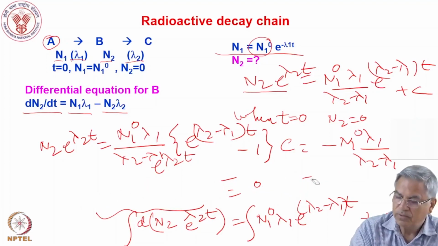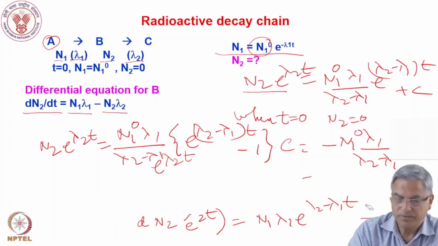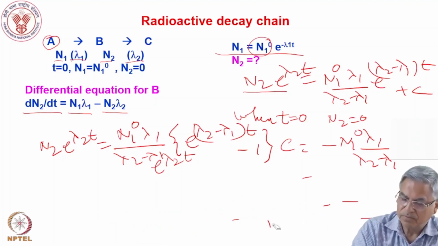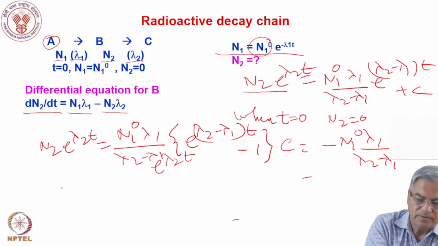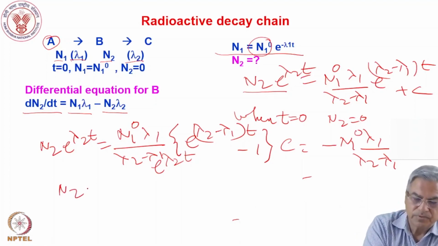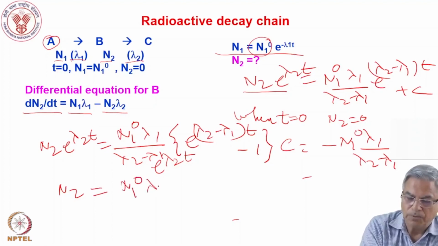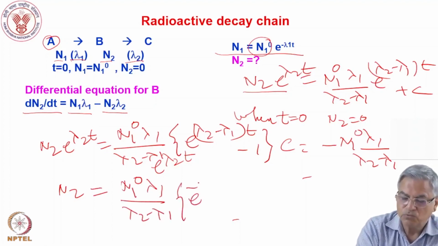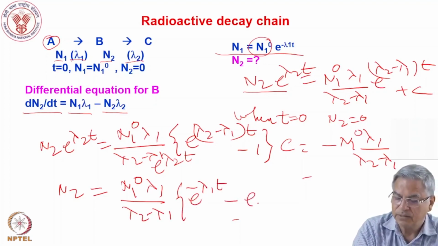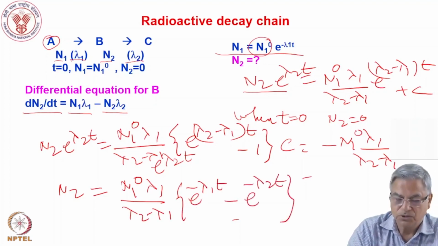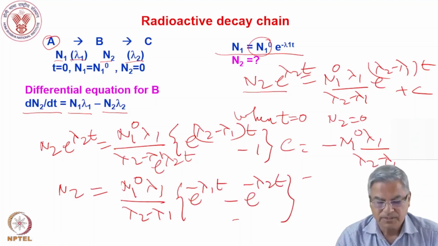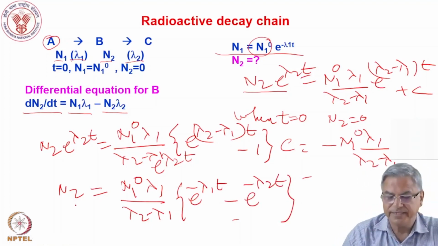So now you can see here the final equation becomes N2. Now if I take this e raised to lambda 2 t on the other side, then N2 equal to N1 0 lambda 1 upon lambda 2 minus lambda 1 into e raised to minus lambda 1 t minus e raised to minus lambda 2 t. So this is the equation for the number of atoms of B at any time t.